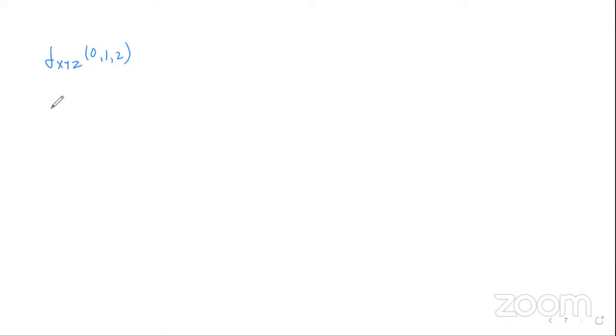If you write it as f x given yz, with yz taking 1, 2, of 0, into f y given z equal to 2 of 1, into f x of 0, right?